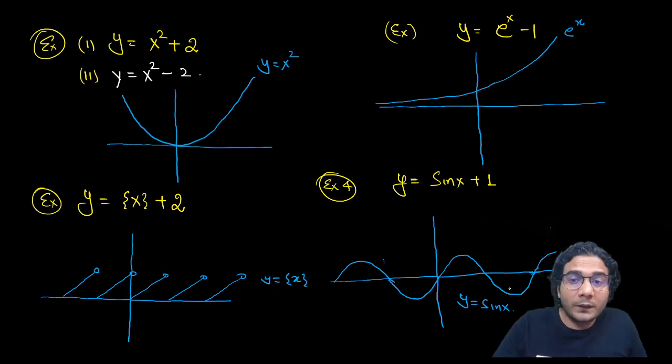So I have plotted all 4 base graphs. Now you need to transform them, okay, to get the graph of the given equation.